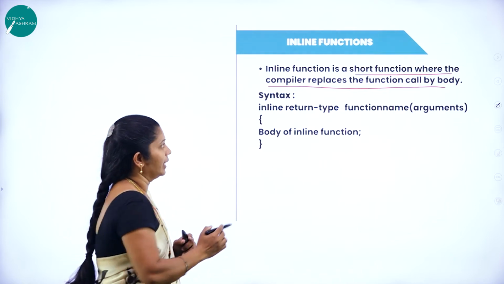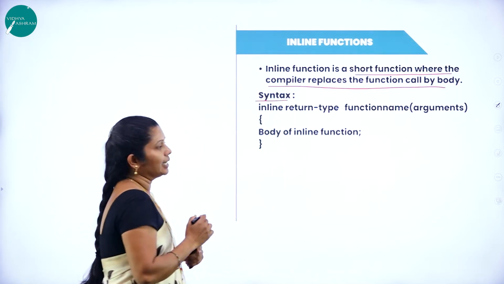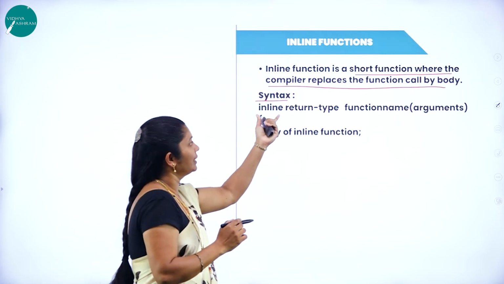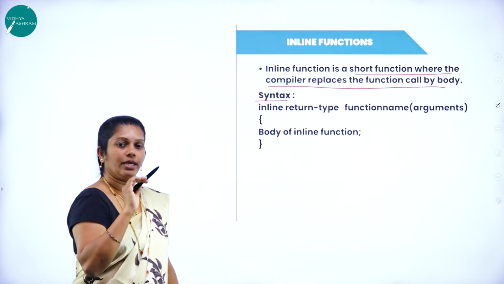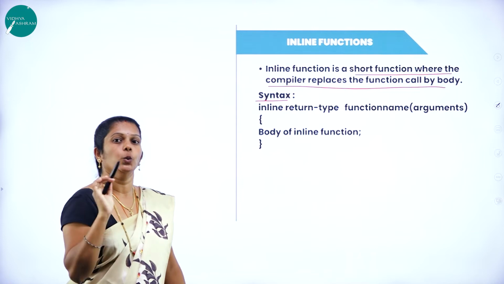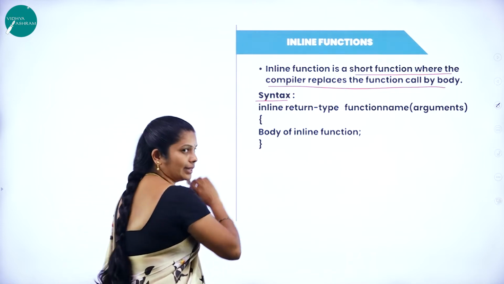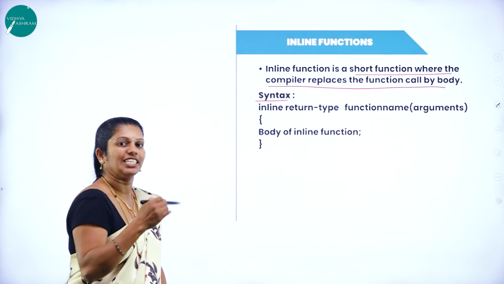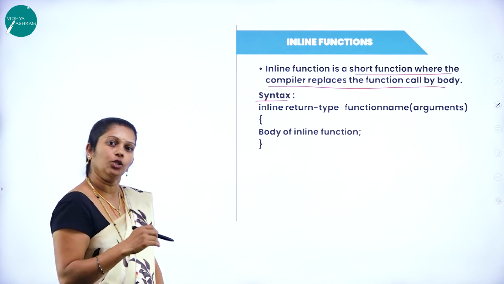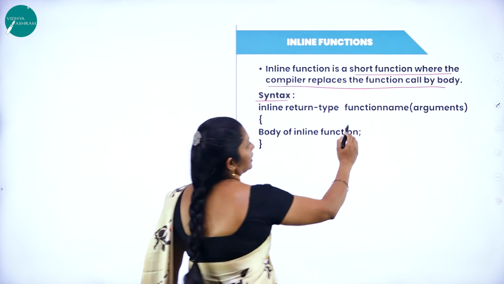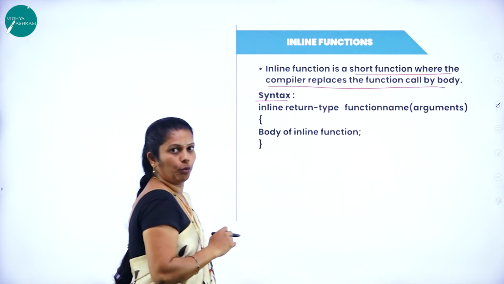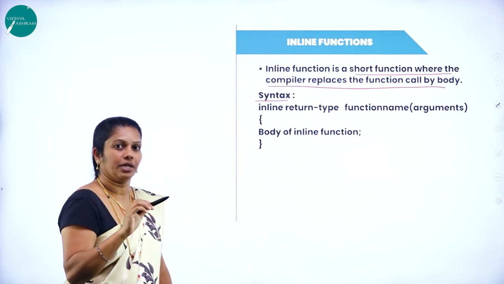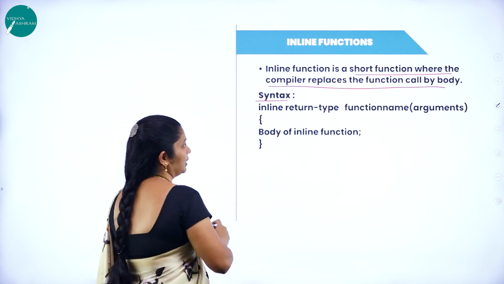If you observe the syntax, first you start with the keyword inline. For an inline function, you must use the keyword inline. Then you mention the return type, which is the type of value you want to generate from the calculation. Then the function name, then the arguments inside the brackets, and then you open the curly bracket.